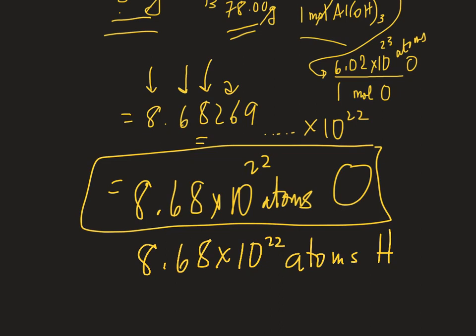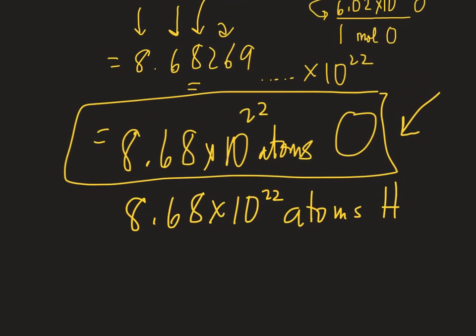And then my actual value for the number of aluminum atoms, because I now calculated this number for the oxygens, I would divide this number by 3, because there's 3 times the amount of oxygens as aluminums.